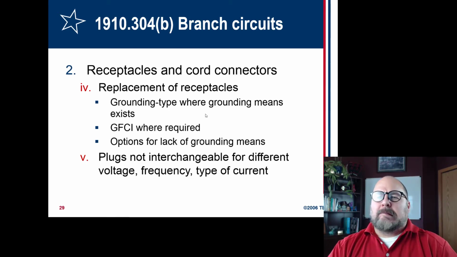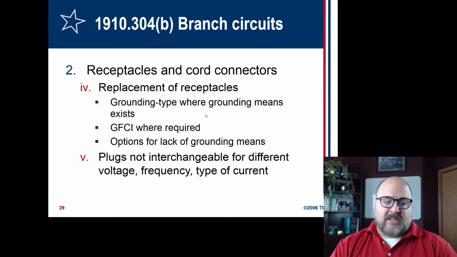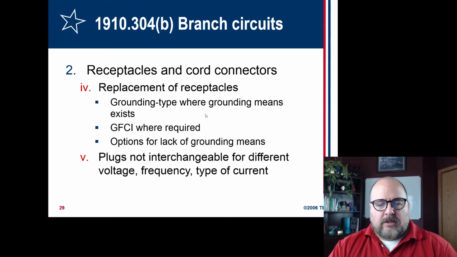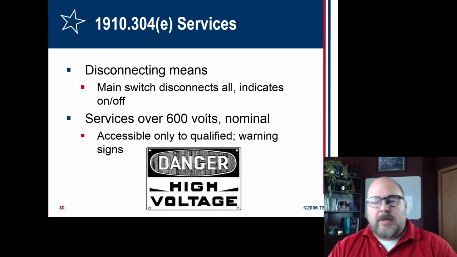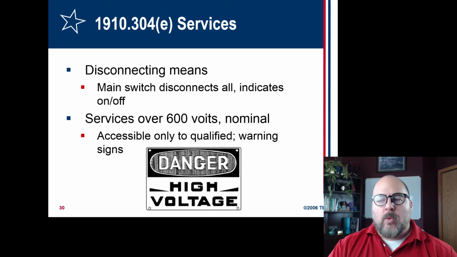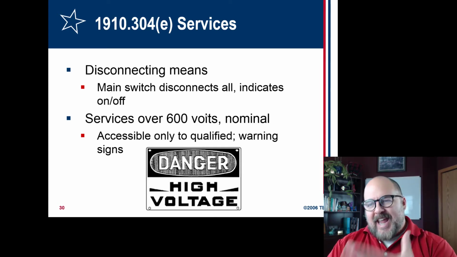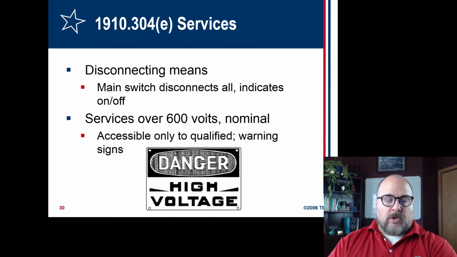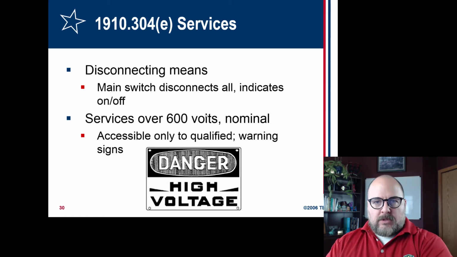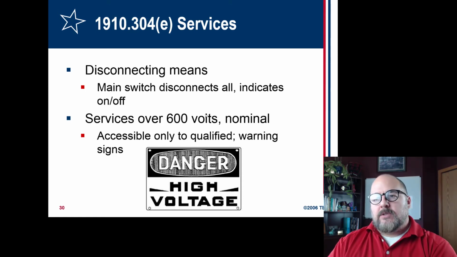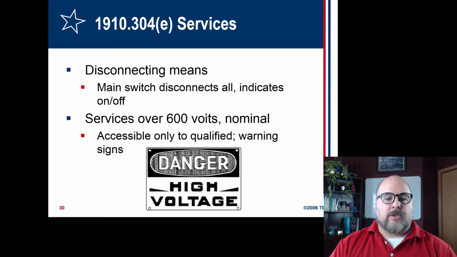And I think it's less than a second, so it's meant to save lives. You need them in bathrooms, you need them in garages, you need them wherever there could be a wet surface, which enhances the chance that a person would be the ground, or makes the trip to the ground easier. Therefore you put the ground fault circuit interrupter there.